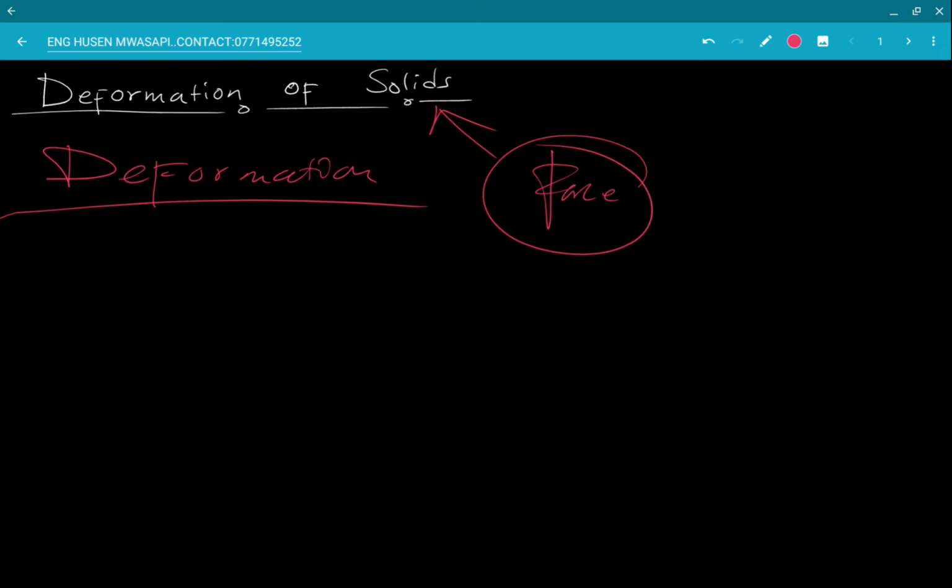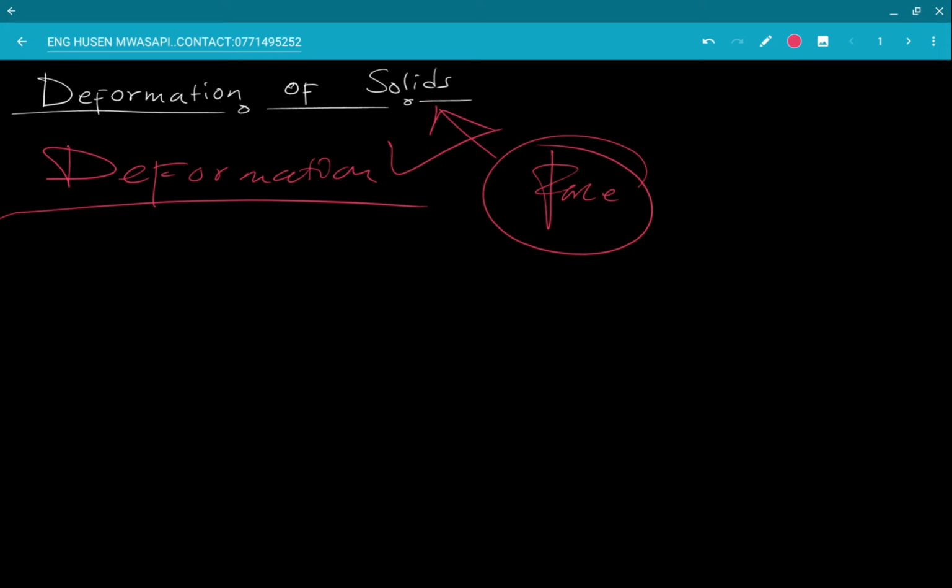Now, the change in the spacing changes the external structure, shape and size of the solid, and that condition is what we call deformation of solids. So be mindful of what I have actually said.